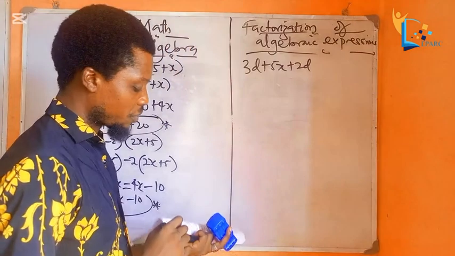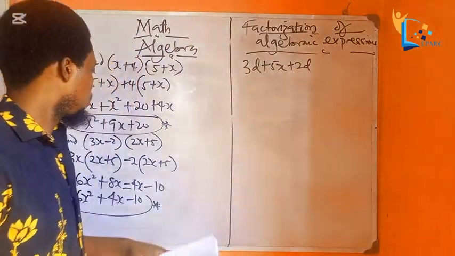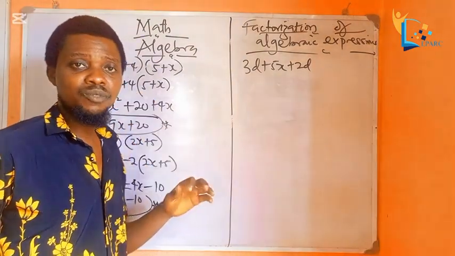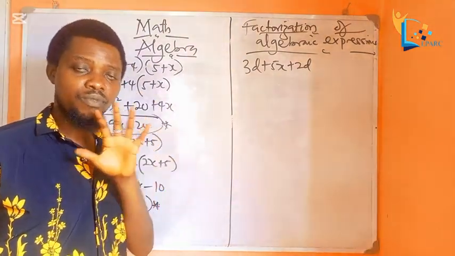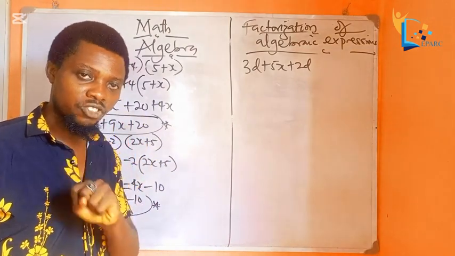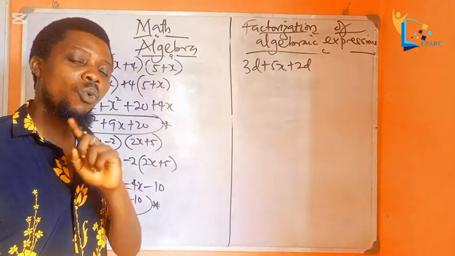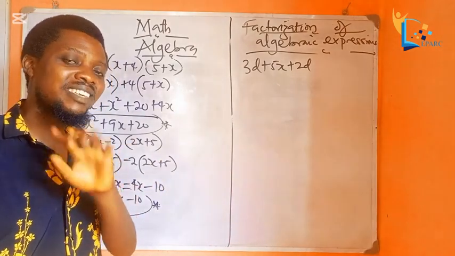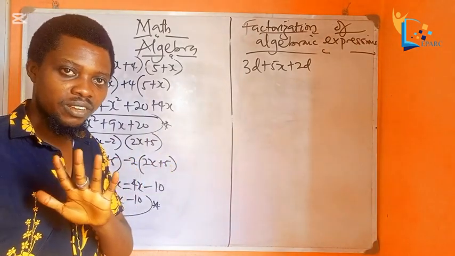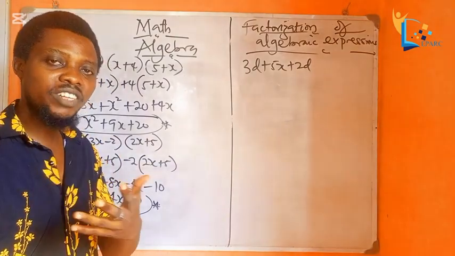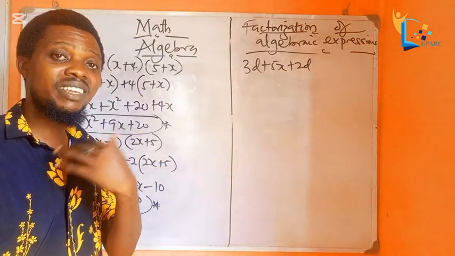Now when we talk about factorization, I will need you to understand factorization of algebraic expression before we move on to factorization of quadratic expression or quadratic equation. These are two different things. Algebraic expression is not the same as the quadratic expression or quadratic equation.